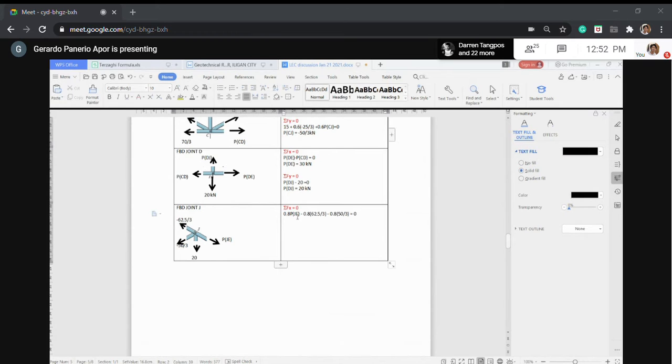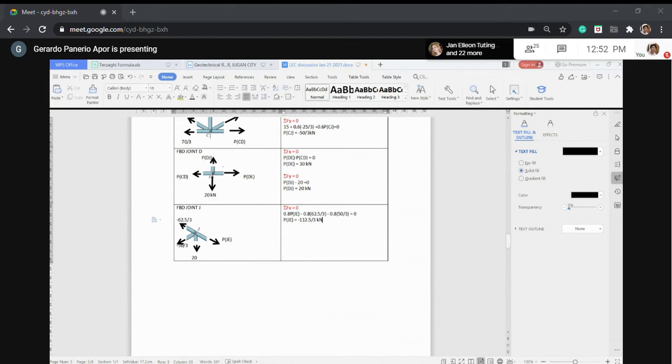So if I'm going to transpose to the other side, it will become positive. 0.8 will cancel. So we have PGE equal to, that will become positive, but you have negative, so still negative. PGE is negative, and that is 62.5 plus 50. 62.5 plus 50, you have 112.5, of course, divided by 3 kilonewton.